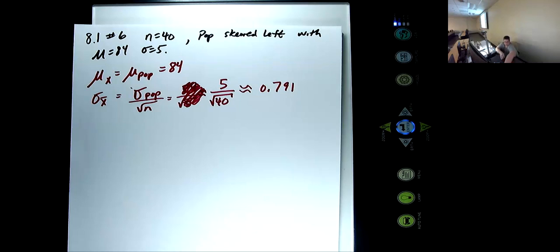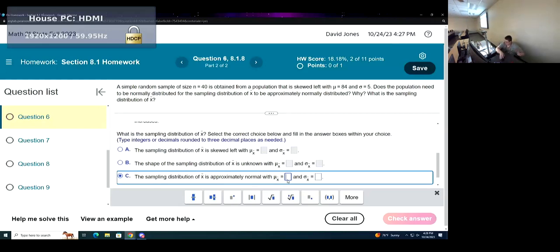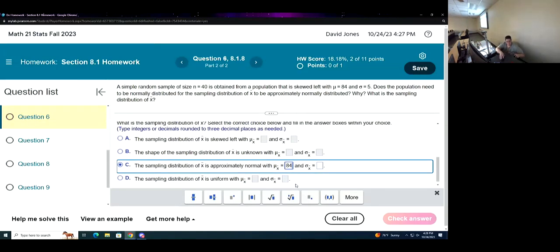I want to make sure everyone's had a chance to write down what they want to write down before I flash over. I had the mean was the same and standard deviation is 0.791.